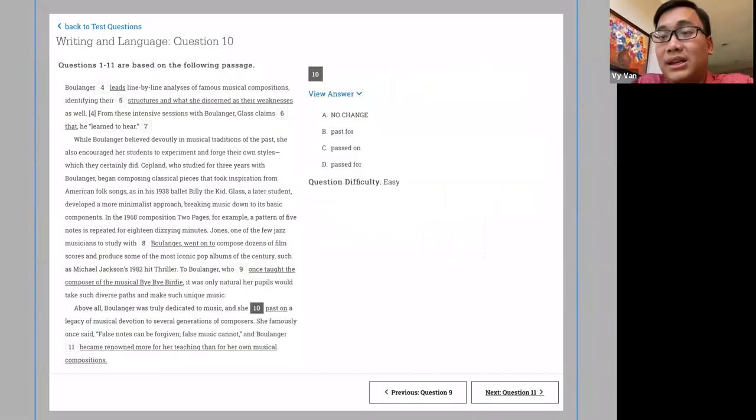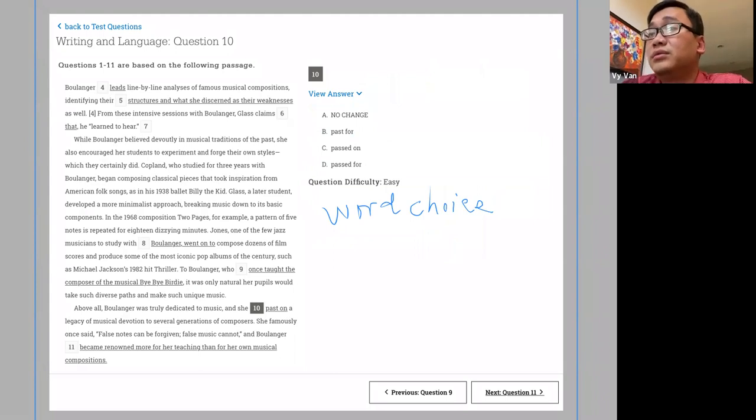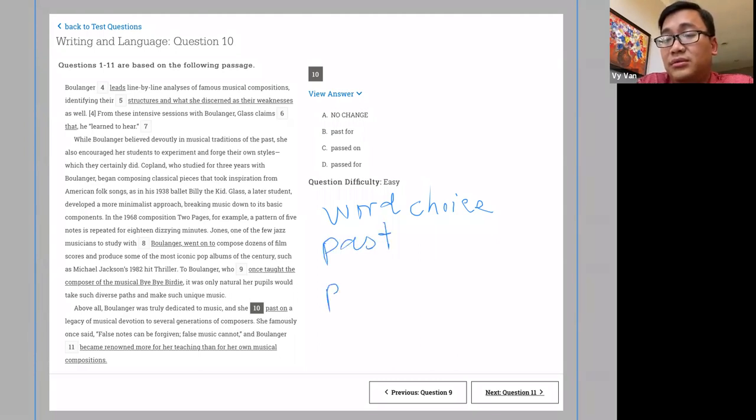Number 10. They test you on word choice, actually confusing words. Here, we want to talk about the difference between "past" and "passed."